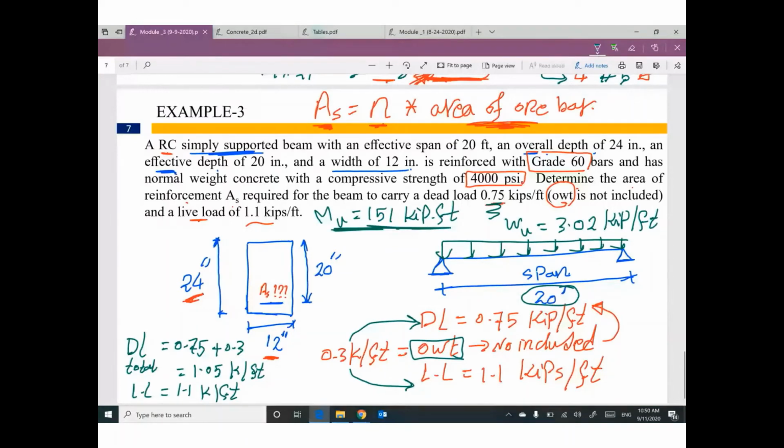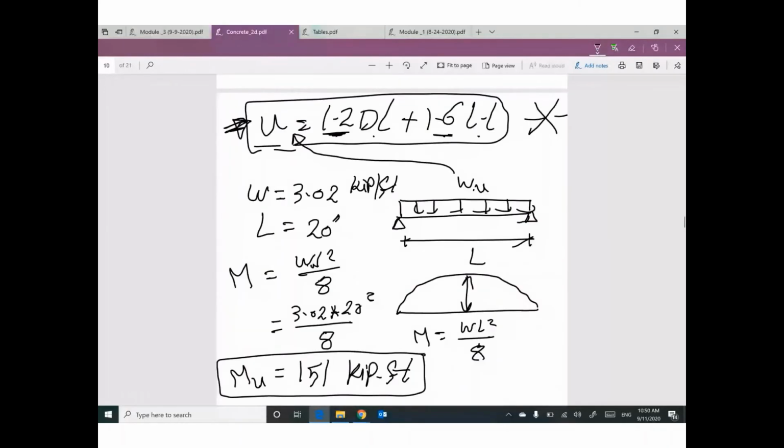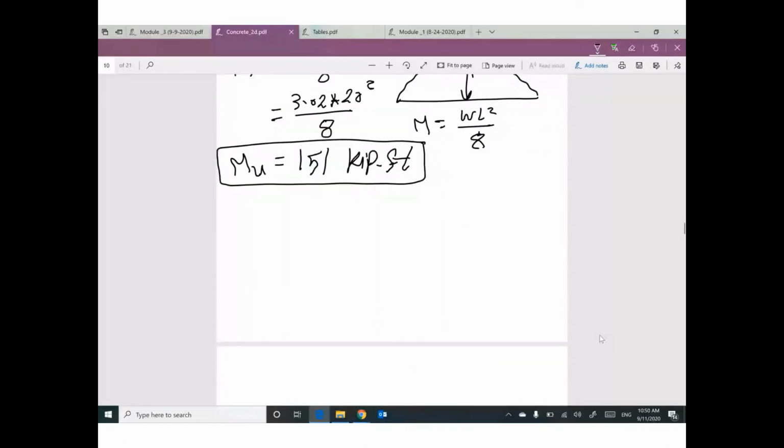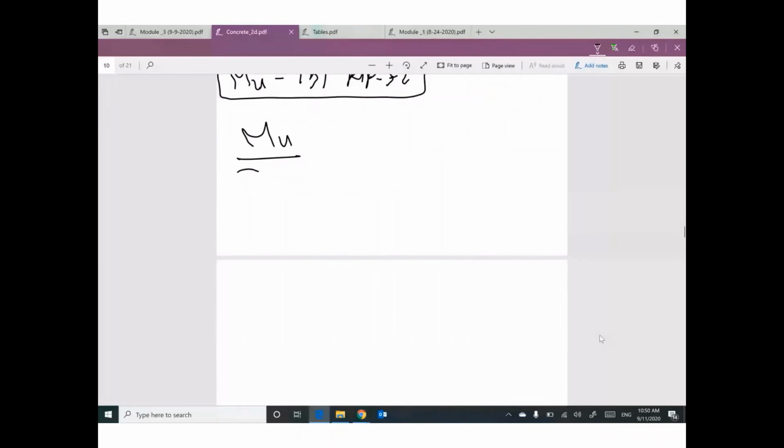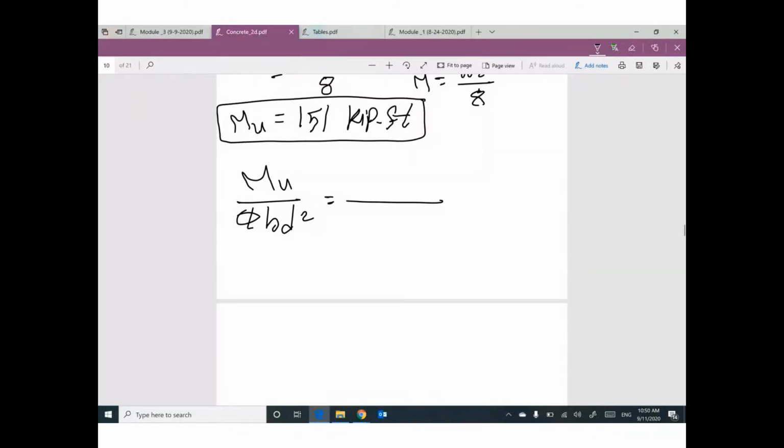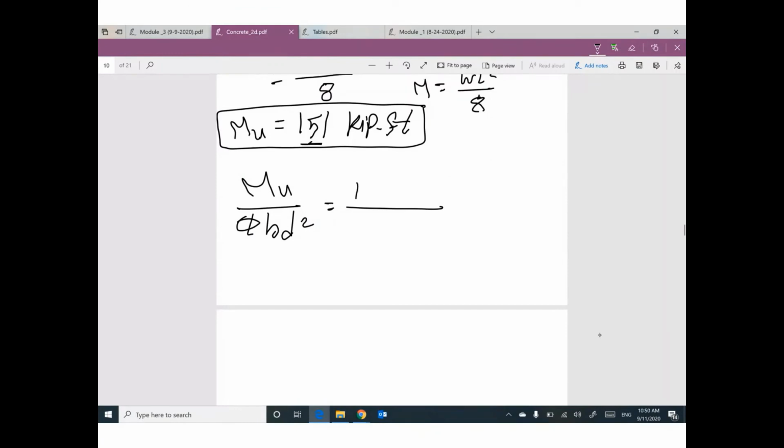M ultimate is given. Cross-section dimensions are given. Can you figure out the steel reinforcement? Yes, I can. So I need to figure out the value of M ultimate divided by phi B D squared. M ultimate, based on your calculation, is 151 times 1000 to be in pounds, times 12 to be in inches.